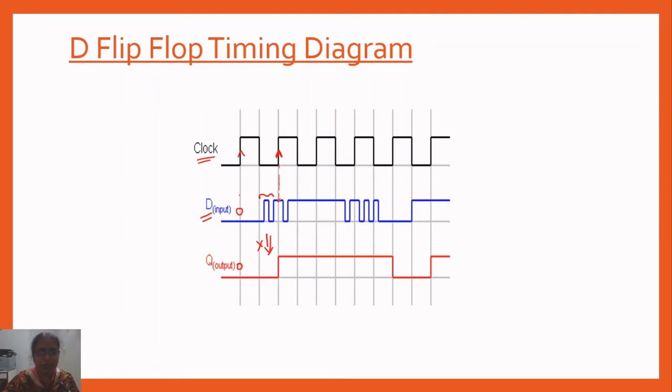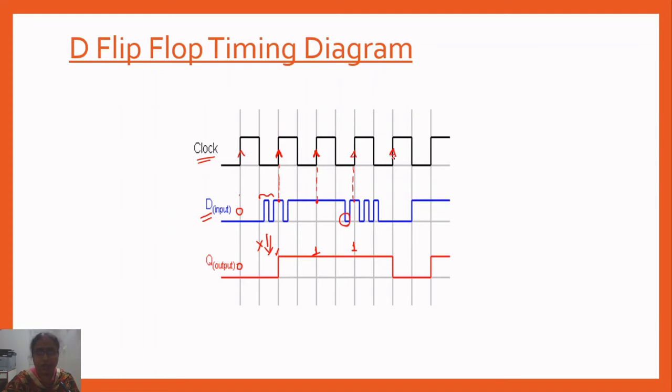So when you see at the second instant, D is 1, so output will be 1. At the third positive edge, D is 1, output is 1. At the fourth, D is 1, output is 1. Though in between it has become 0, it doesn't matter, because the flip-flop is still disabled.